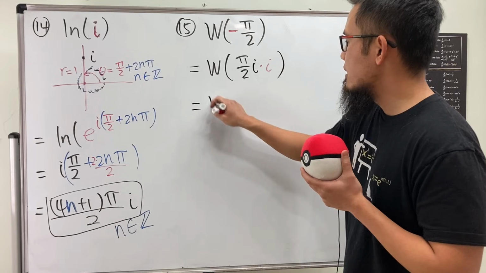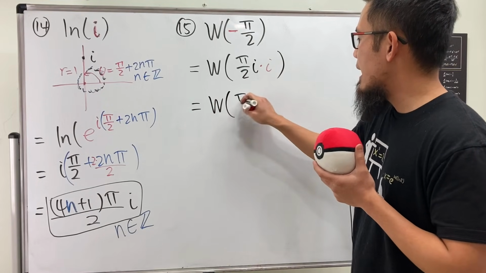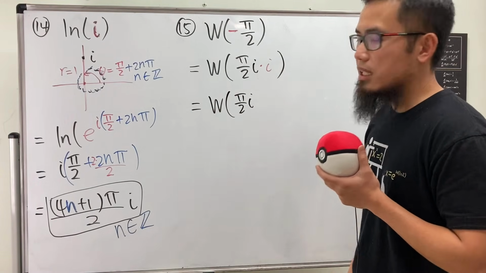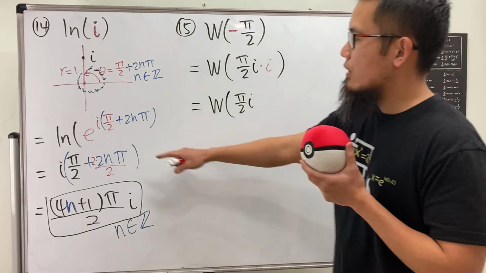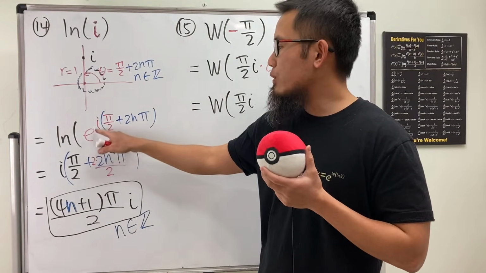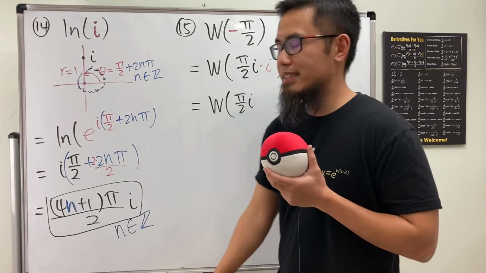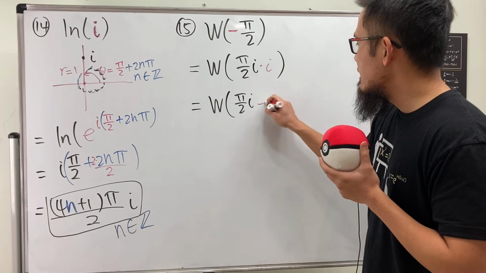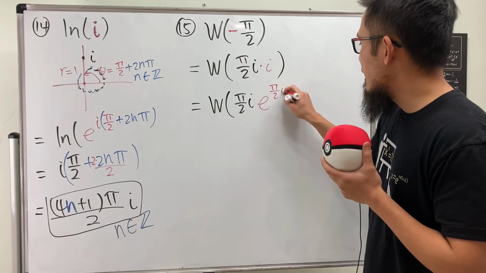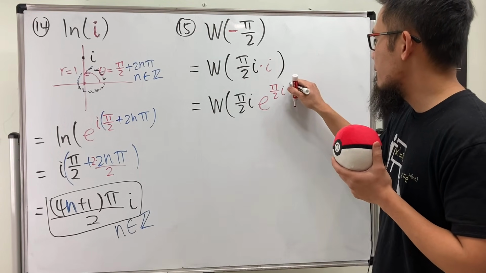Well, in this case, W, here we have pi over 2i already. For the i, we saw that it was e to the i pi over 2, isn't it? So we can write the i right here as e to the pi over 2 i. Just put the i at the end, which is the same thing.